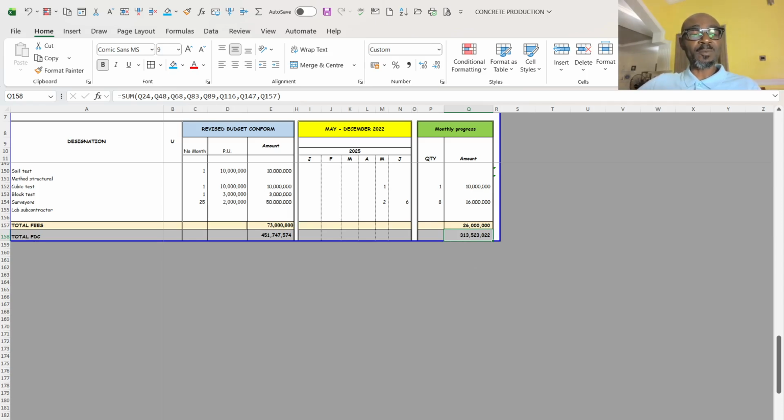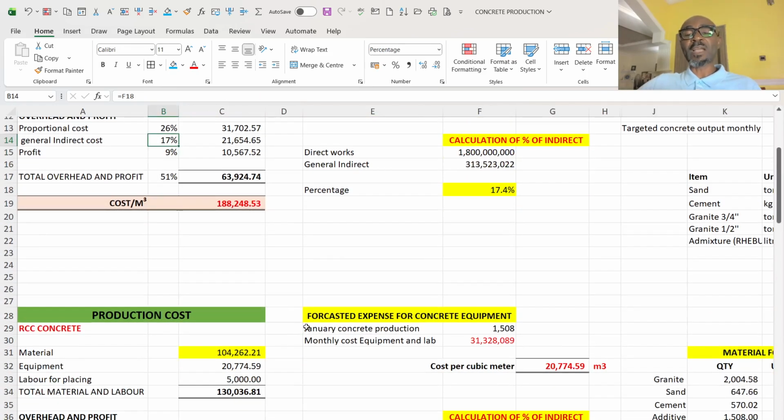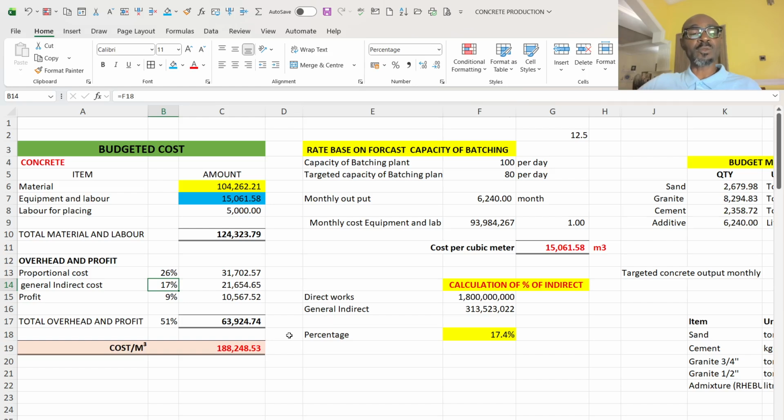So I now further came to this place. I said the 313 million, which is this. Then for the direct works, which has to do with both carpentry work, reinforcement work, I assume this figure: the other jobs that were carried out within the site, aside the concrete, the total amount for that 3 months will be about 1.8 billion.